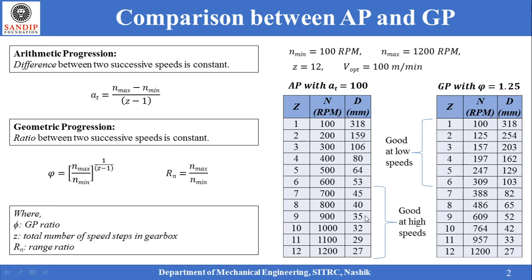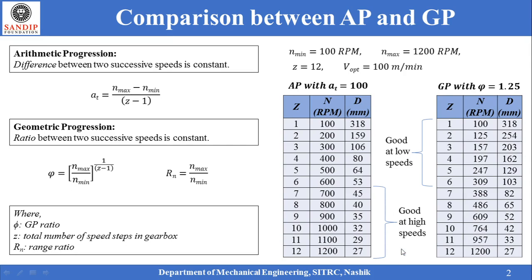Similarly, if you observe the bottom half of this table, you will realize that now the diameters are spaced very close to each other, which means if we want to manufacture any random diameter lying between two economical diameters, then the loss of economic cutting speed will be lesser. Which means if we have designed the gearbox considering arithmetic progression, it will be good for high speed operations, since the loss of economic cutting speed will be less.